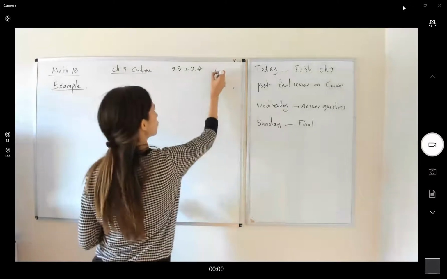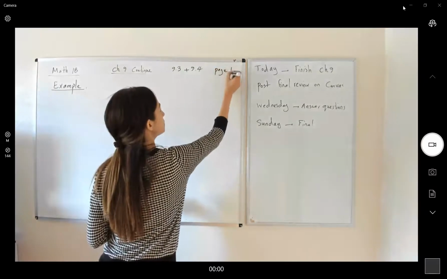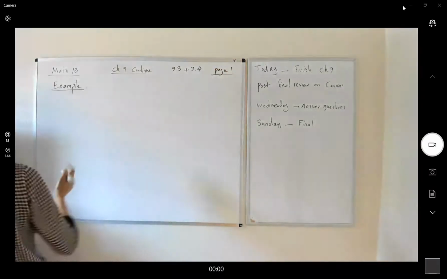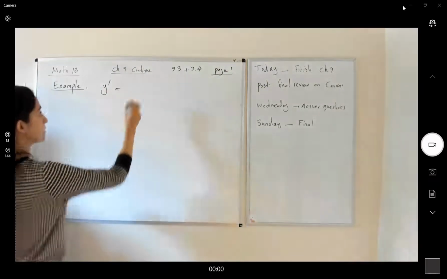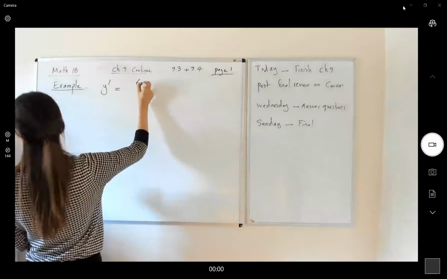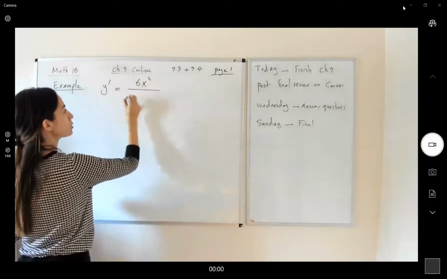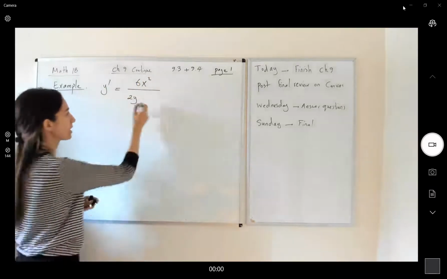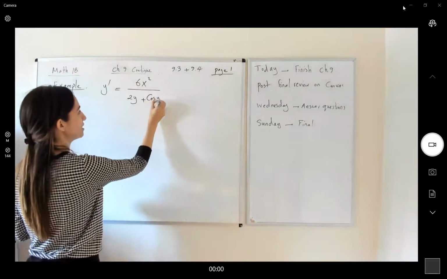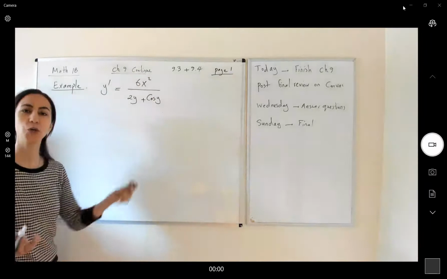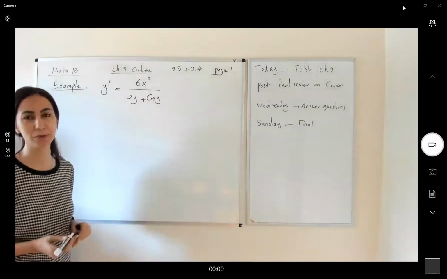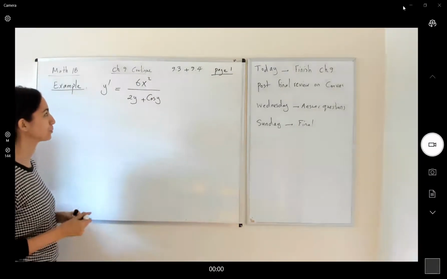We're still on page 1. Now, here you have y prime equals 6x squared divided by 2y plus cosine of y. There you go. So let's check to see if we have a separable differential equation or not.